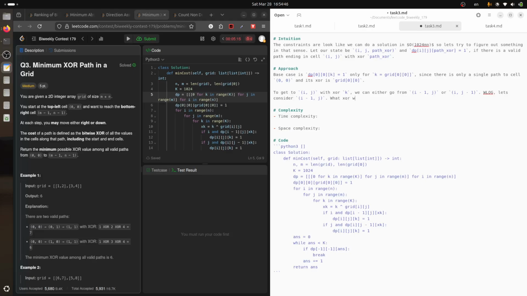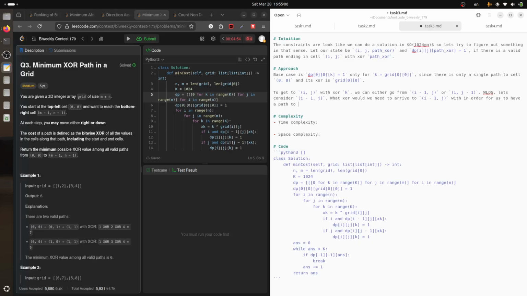What XOR would we need to arrive at (i-1, j) with, in order for us to have a path to (i, j) ending with XOR k?